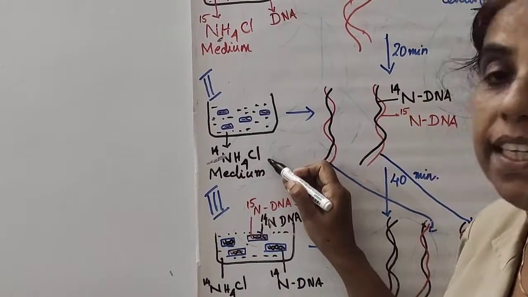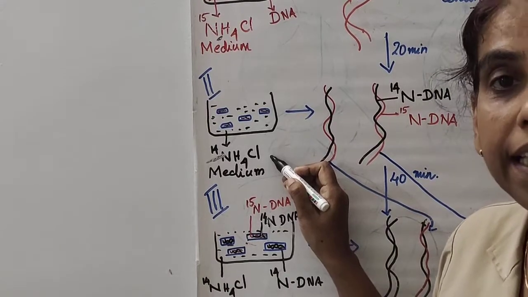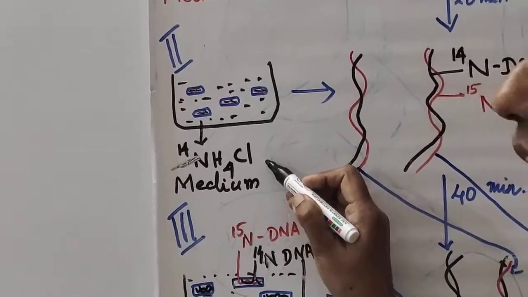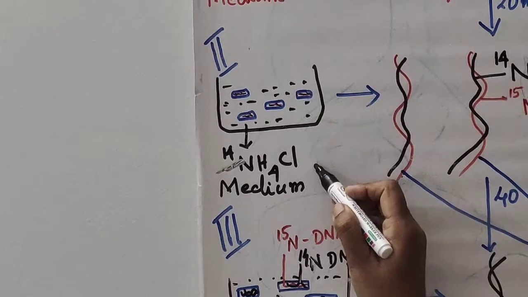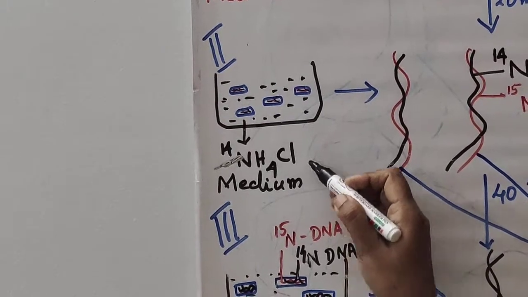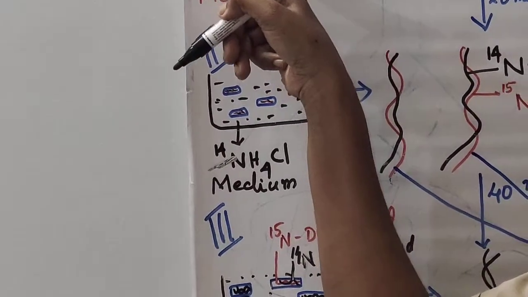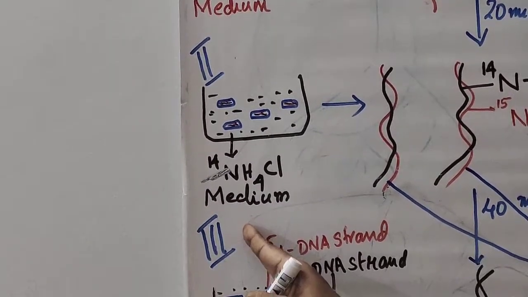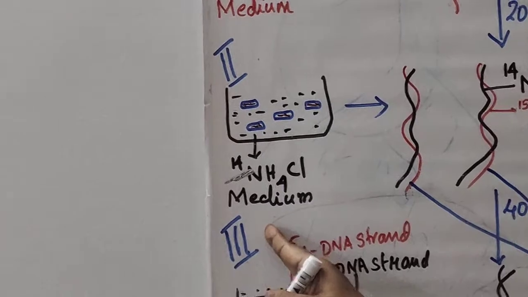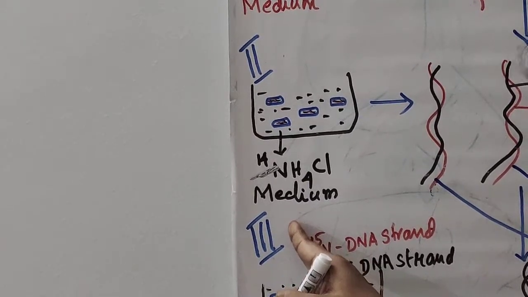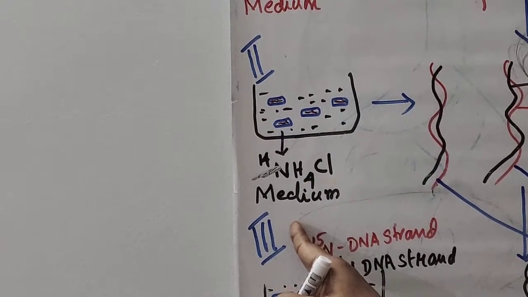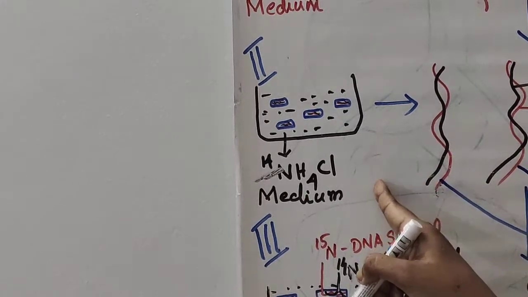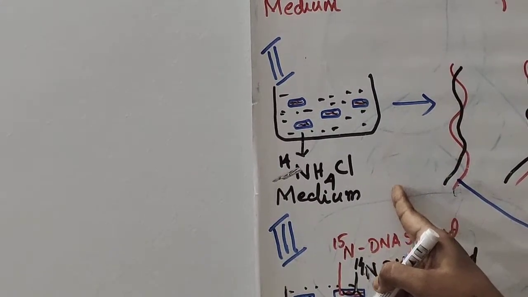This N14 is mixed in the medium in the form of ammonium chloride. Here the difference is that instead of N15 of the first step, they have selected N14. You can call it the normal isotope or the light isotope of nitrogen. And they gave 20 minutes to replicate.